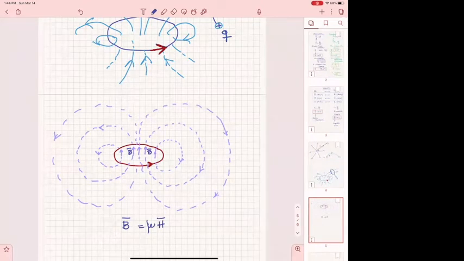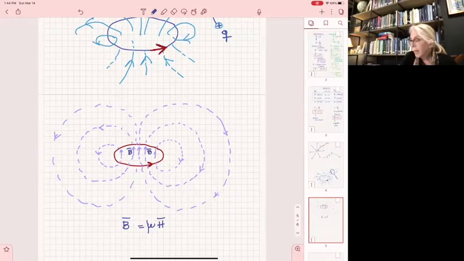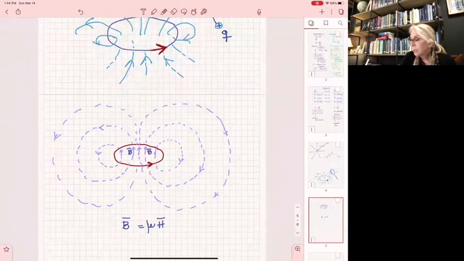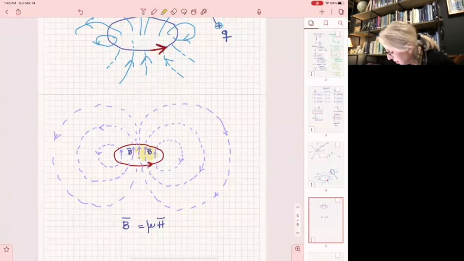B is only perpendicular to the area of your loop. Let's assume this is the area of my loop. They will be perpendicular there as they go through it.